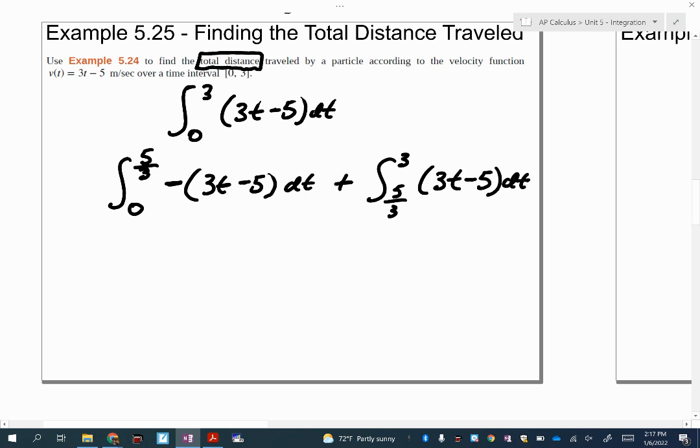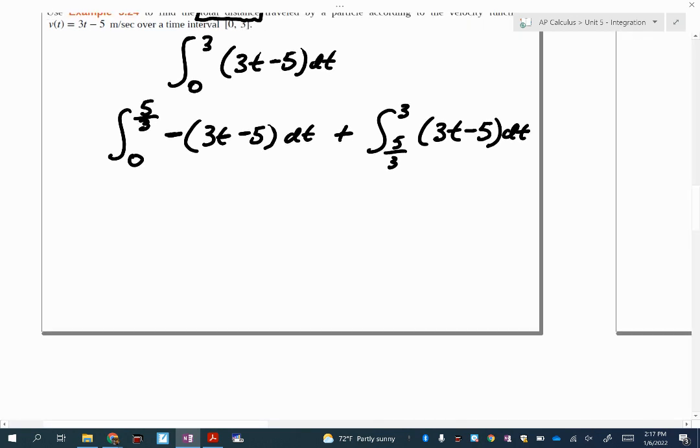Okay, so doing this work, these two definite integrals, if I find those areas under that curve, that line, that's going to give me my total distance traveled. All right, so let's find the integral here. First thing I'm going to do is put that negative, distribute it, and get negative 3t plus 5.